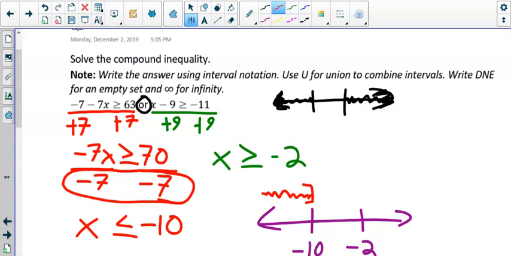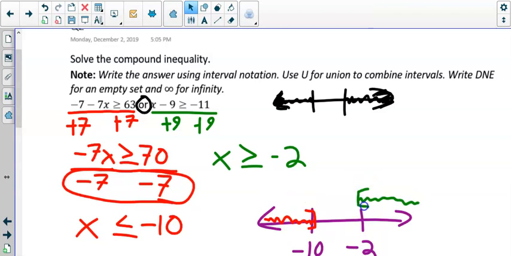All right, so now we look at the other guy, our green answer. Bracket or parenthesis at -2? Bracket. Right or left? To the right, because we can follow the arrow. Does this look like what an OR generally looks like? Yeah. So if I just take these two guys and slide them down onto my line, this is the answer that we need to come up with as intervals.